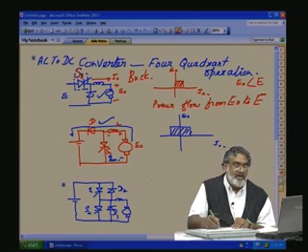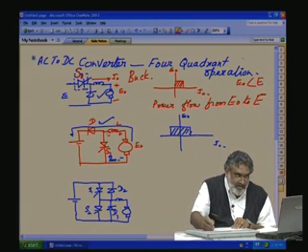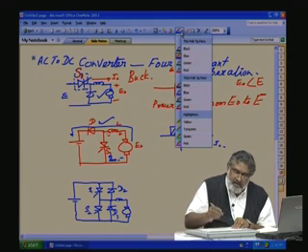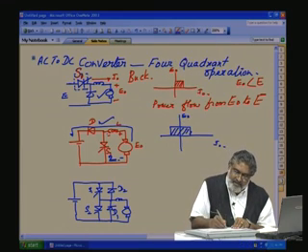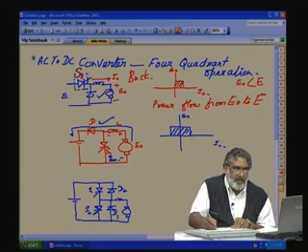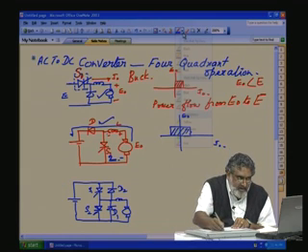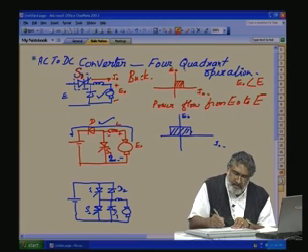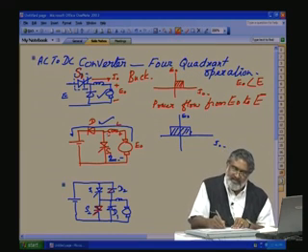If you see here, to make the buck and boost independent, we will color them in a different color. This is S1, this is D2.